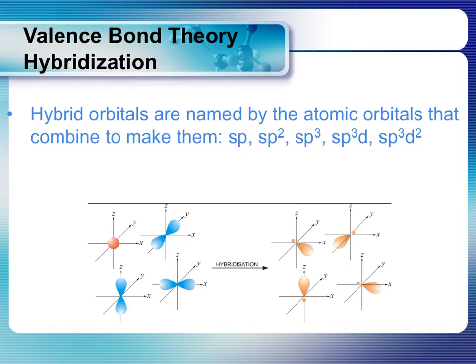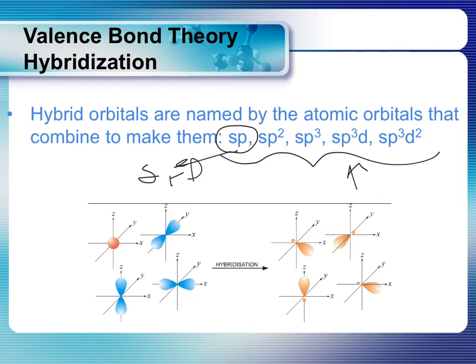Just peeking ahead, there are 5 different types of hybrid orbitals that can be formed, listed right here. And again, the name of each type of hybrid tells you where they came from. So sp comes from 1s and 1p. sp3d2 comes from 1s, 3 p's, and 2d atomic orbitals.